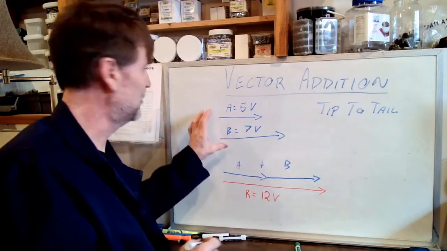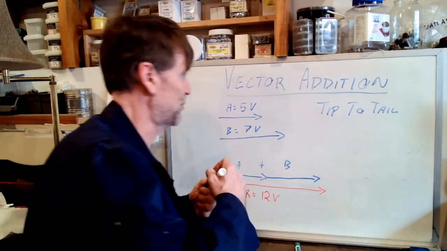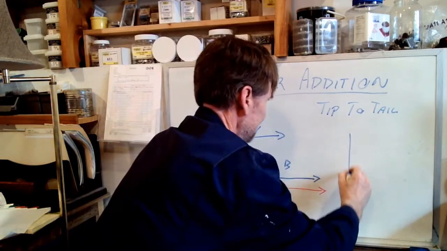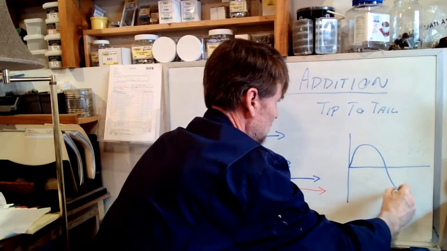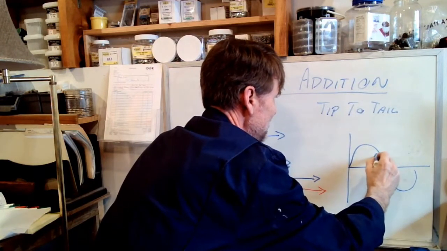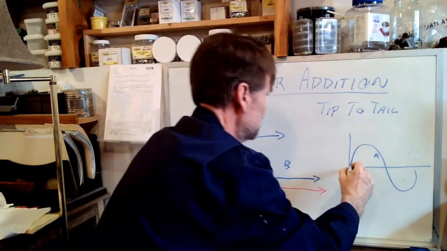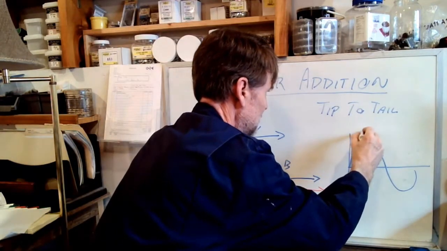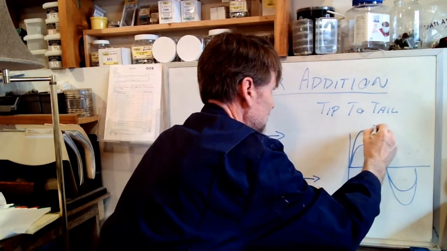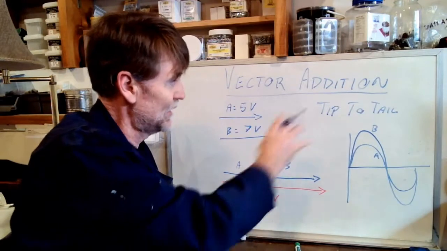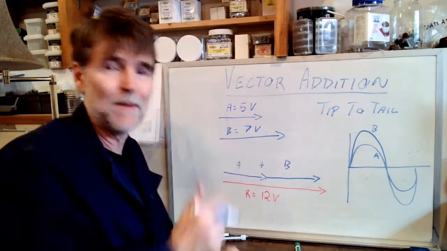So if I move back from the vector and actually show the sine wave that these vectors represent, there's sine wave A, which represents a voltage of 5 volts. And here's vector B, which is a voltage of 7 volts, an AC voltage. So no problem. Add them up.